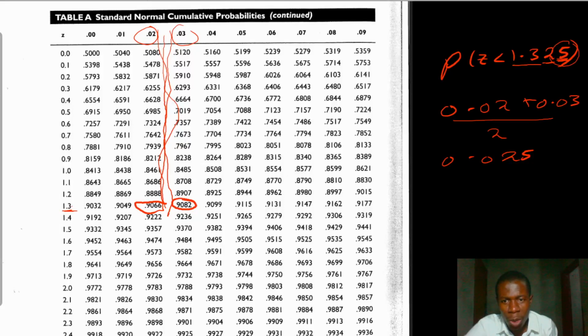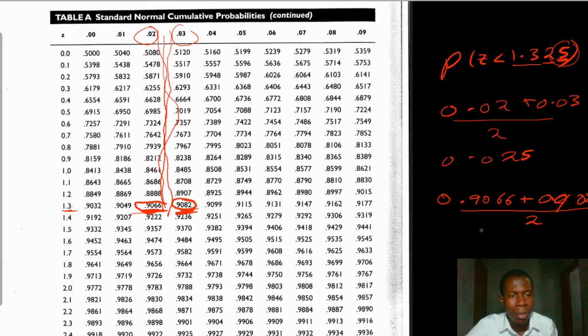So what you do is you get the value on this side and the value on this side, then you add them, then you divide by 2. In this case, we would get 0.9066, then we add 0.9082, this value here. So we add these, then we divide by 2.